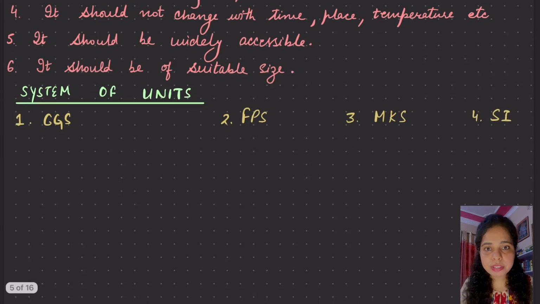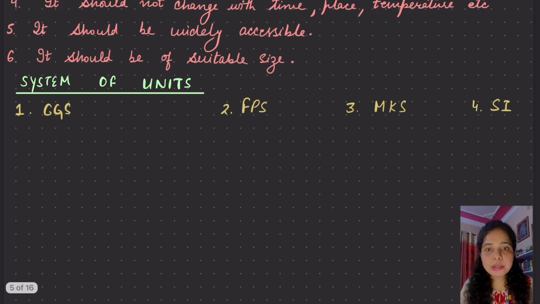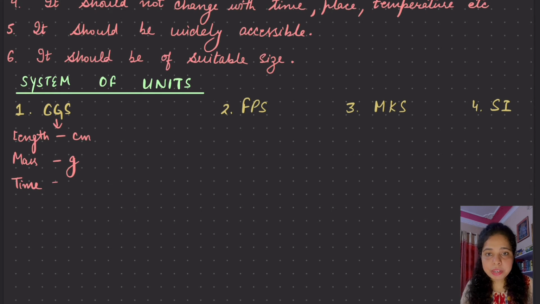When I say the CGS system of units, length is measured in centimeter, mass is measured in gram, and time is measured in seconds.